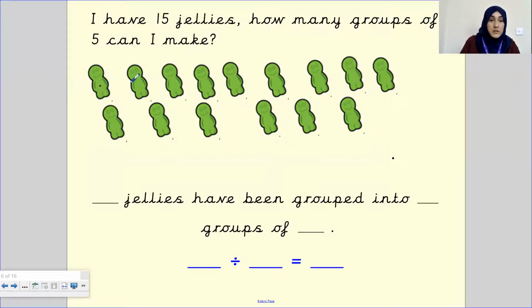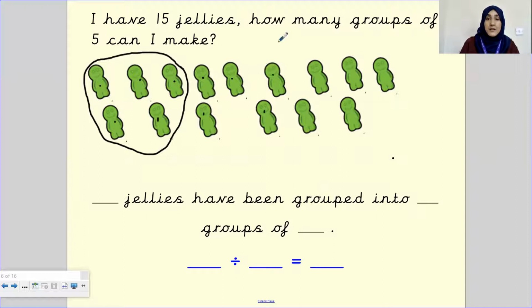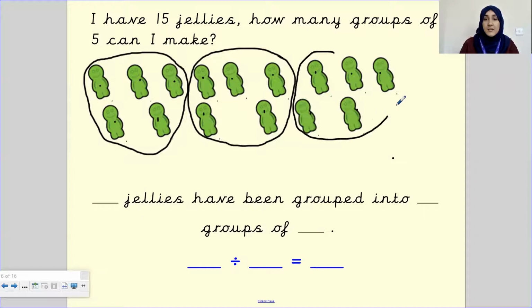I've got 1, 2, 3, 4, 5. That's one group. I've got 1, 2, 3, 4, 5. Here's another group. And here's 1, 2, 3, 4, and 5. Here is another group. How many groups have I made, Mara's class?